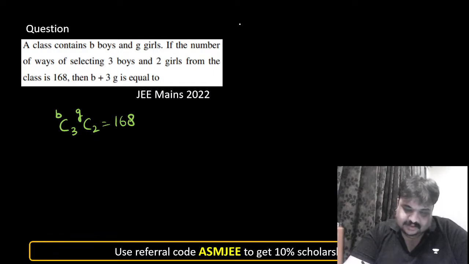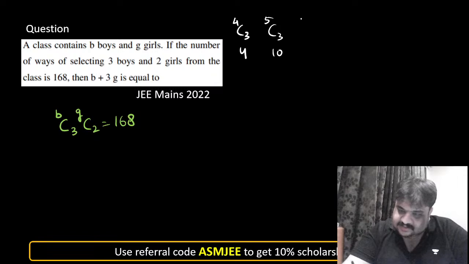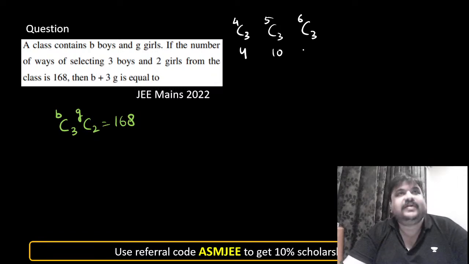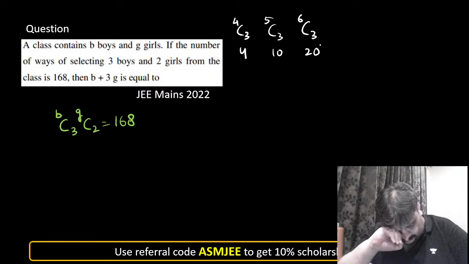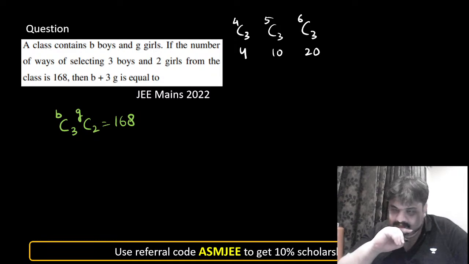BC3: 4C3 is 4, 5C3 is 10, 6C3 is 6 5s are 30, 30 4s are 120 by 6. Is 6C3 20? 6 into 5 into 4.